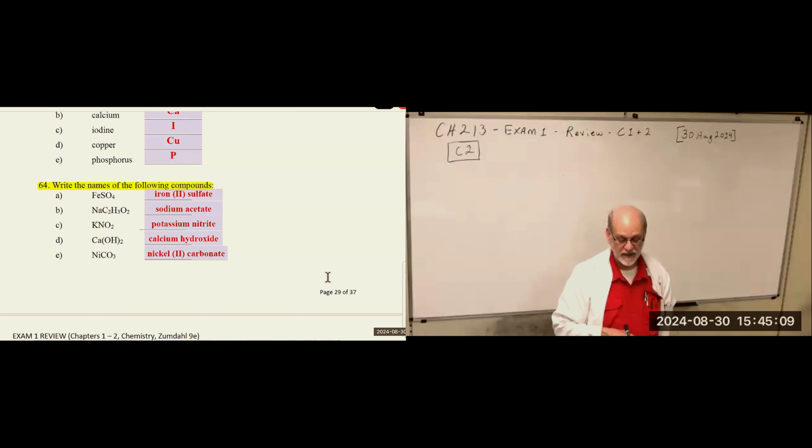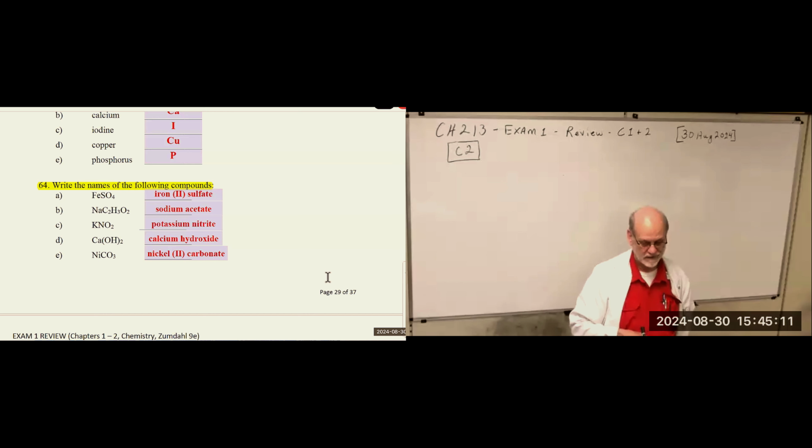C2H3O2 is a polyatomic ion called acetate. It has a -1 charge. Sodium has a +1 charge. And this is a type 1 compound because it's sodium. Sodium only has 1 possible charge. We don't have to say what the charge is. So if we say sodium acetate, that's non-redundant.